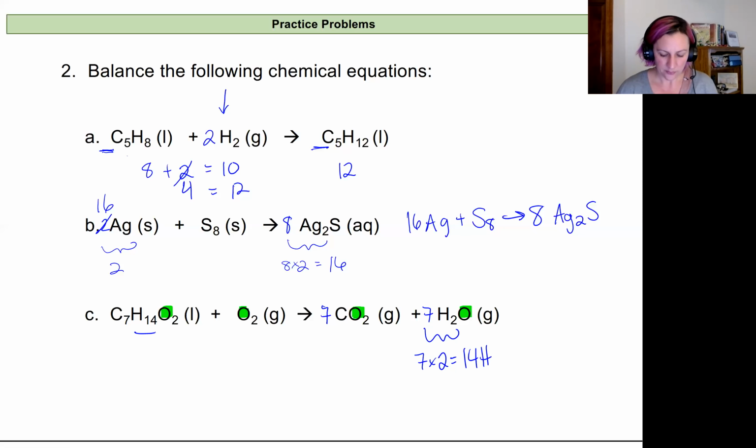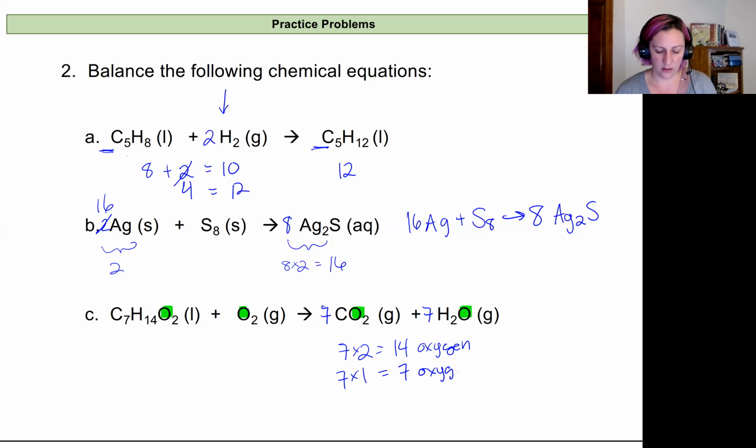Right now, I'm going to start by looking at the amount of oxygen I have on my product side. So I have from my carbon dioxide 7 times 2 oxygen, so that's 14. And on my water, I've got 7 times 1 for 7 oxygen. That's going to give me a total of 21 oxygen on my product side.